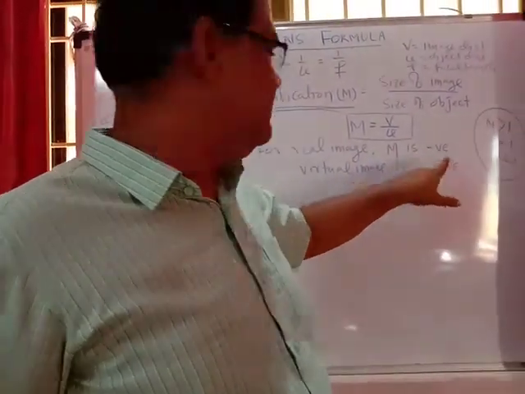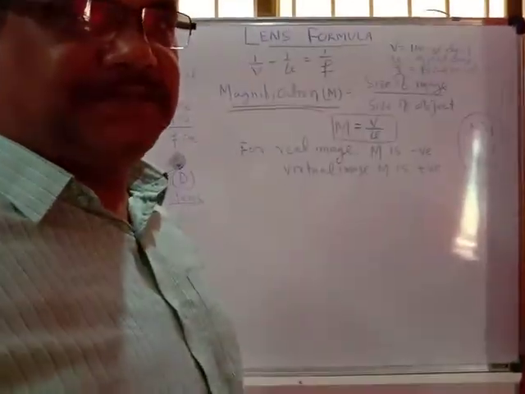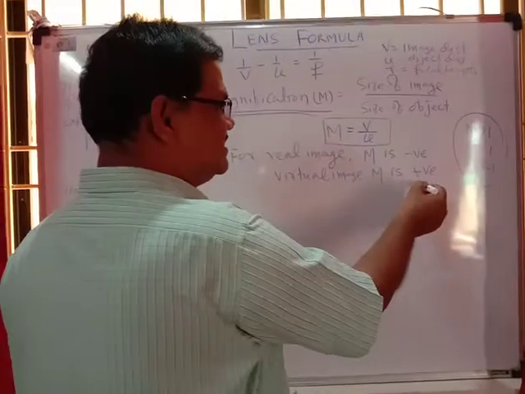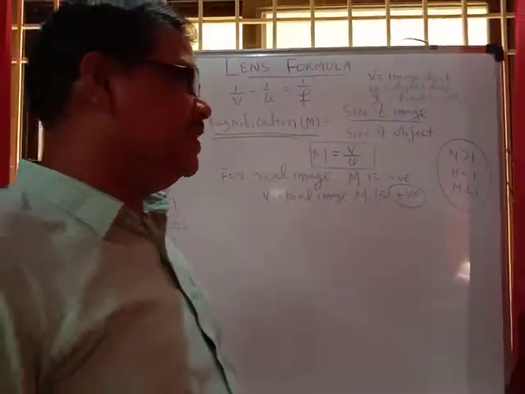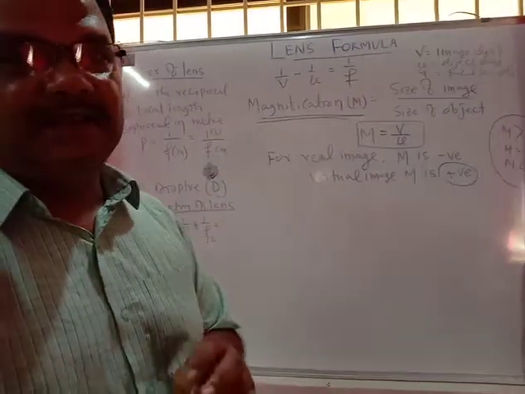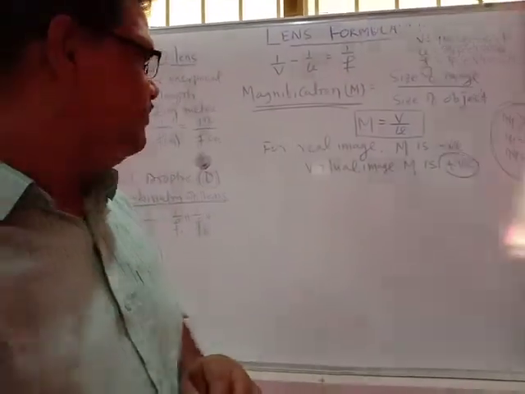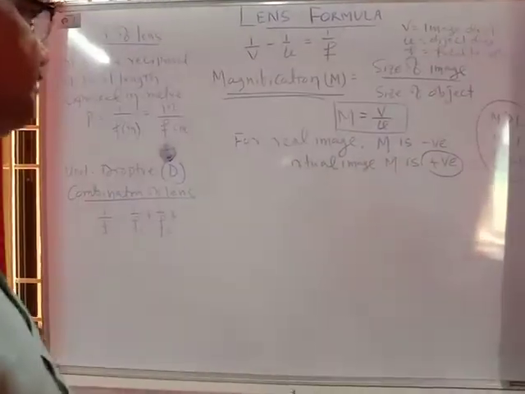For a virtual image, magnification is positive. If you find the M value to be plus or minus, accordingly you can decide whether the image is real or virtual. This is all about magnification.